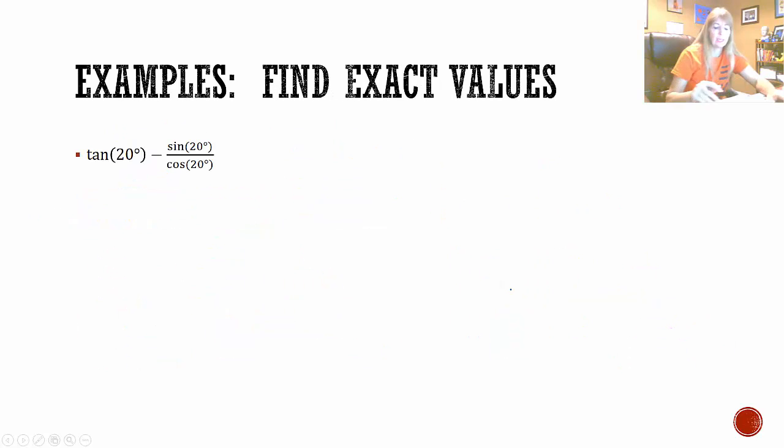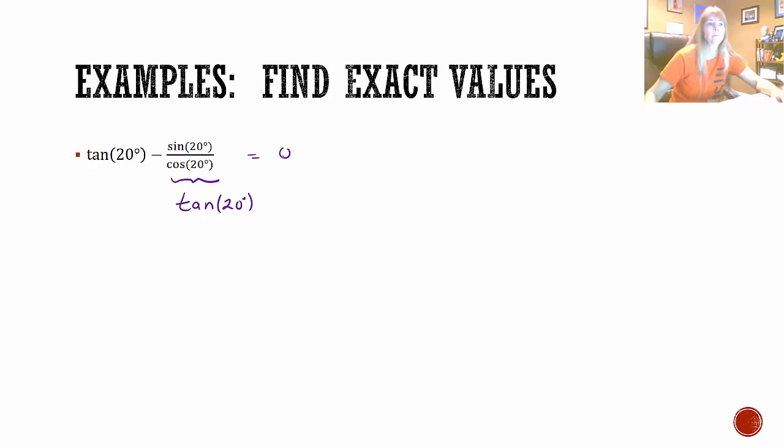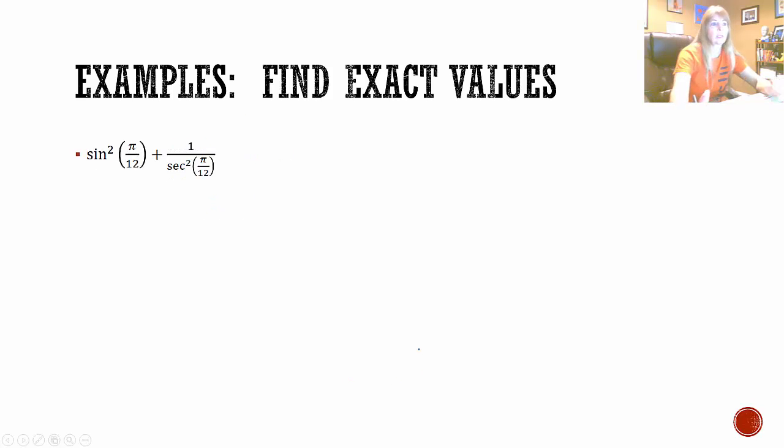If I want to find exact values based off of the identities, I know that sine over cosine is the same as tangent. And so if I subtract those, I get 0. If I have something that looks like this and I want to add these, once again I remember that this piece right here is going to be cosine squared.